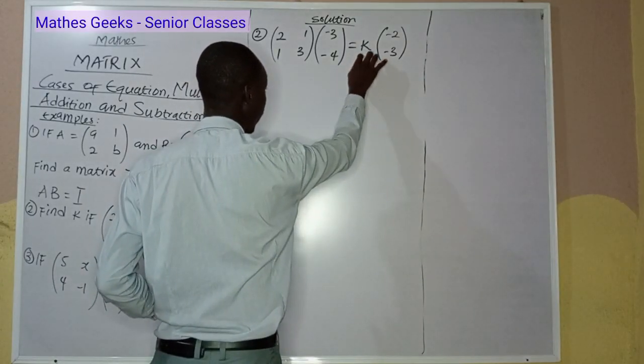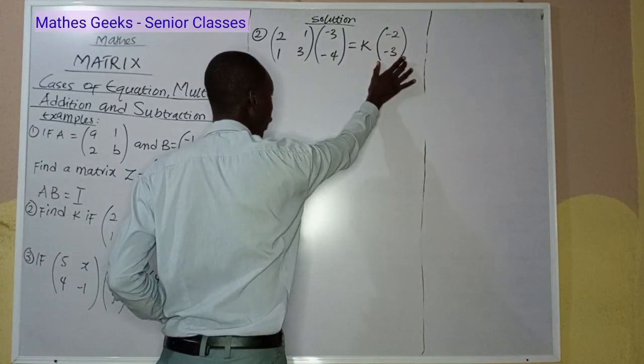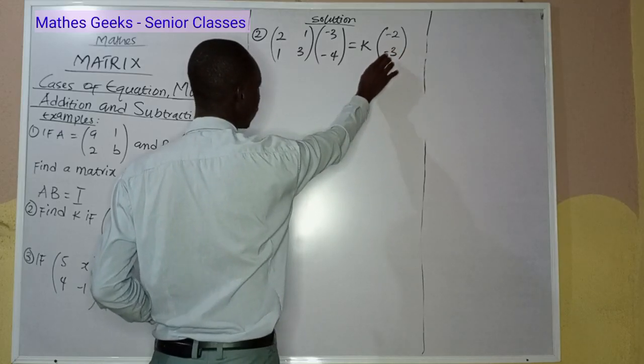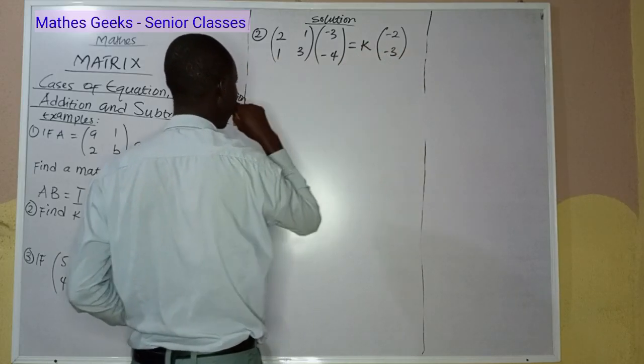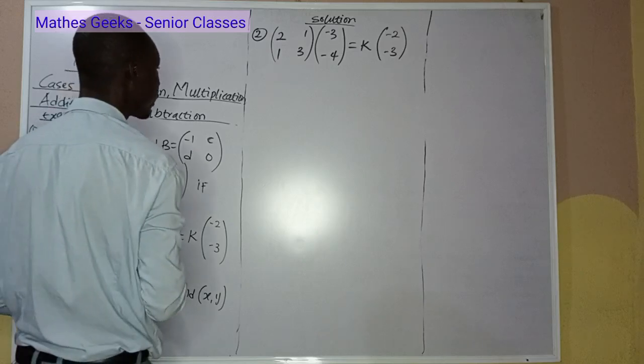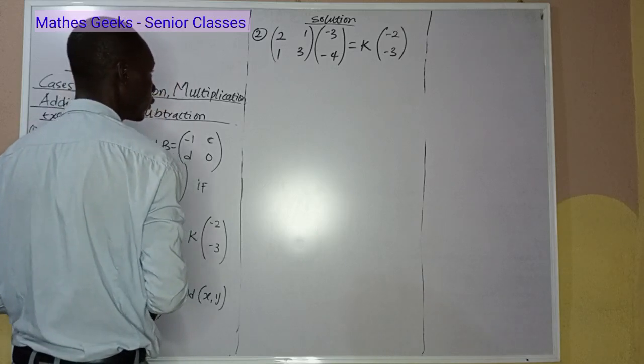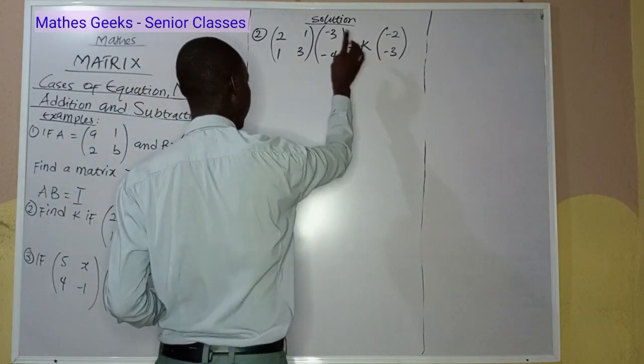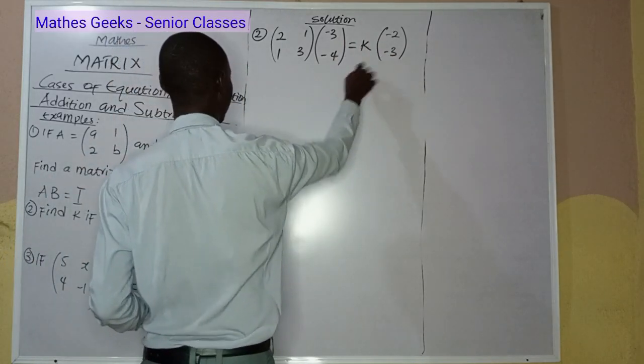K is multiplying what we have in this bracket. So K here is a scalar. Remember, scalar multiplication has to do with a number multiplying a matrix. So K stands for that number that multiplies this matrix.